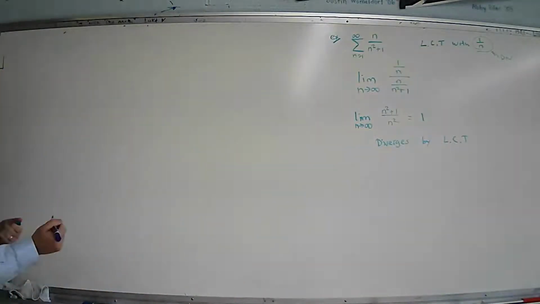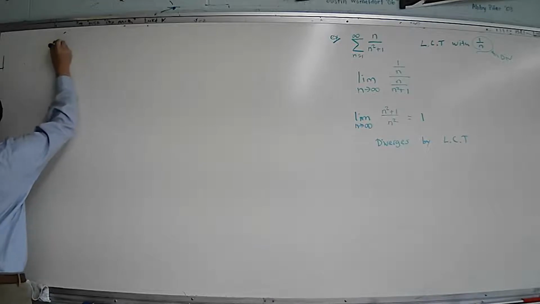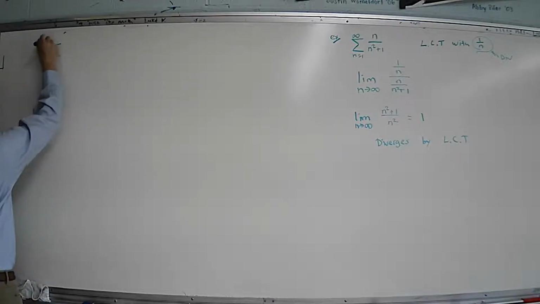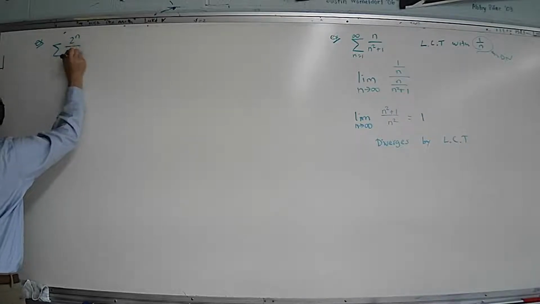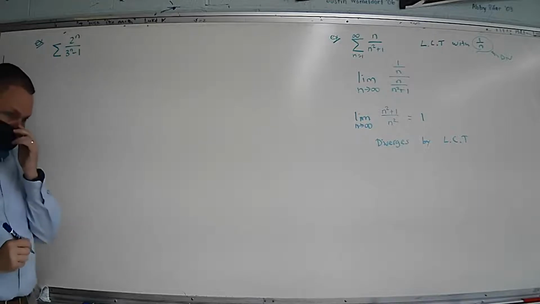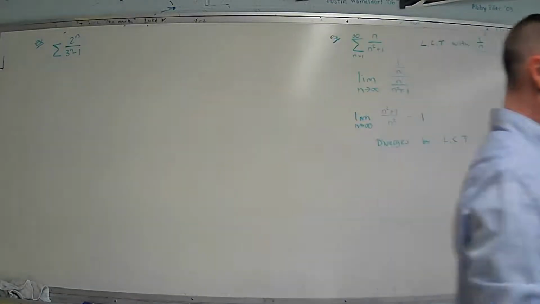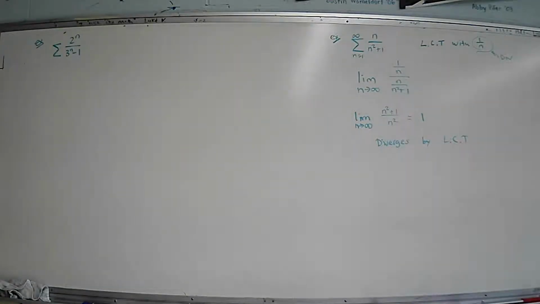Okay, here we go. How about 2 to the n over 3 to the n minus 1? Just slightly different than the last one. Because the last one's 3 to the n plus 1, which we can easily say was smaller than the known converger.